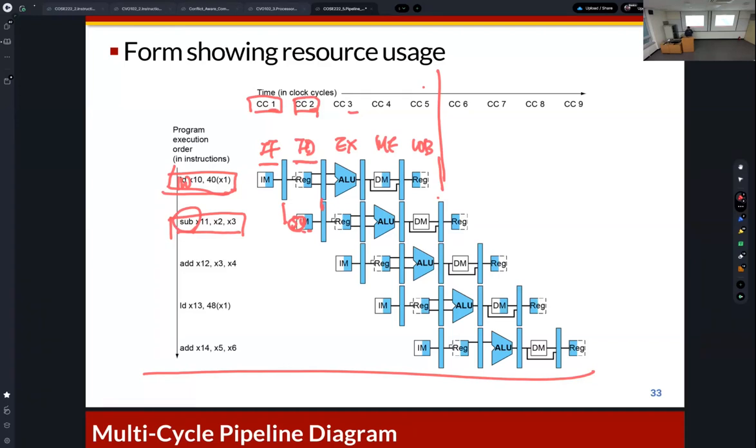And in clock cycle number 3, load is in EX, sub is in ID, and the next instruction, add, is in instruction fetch.